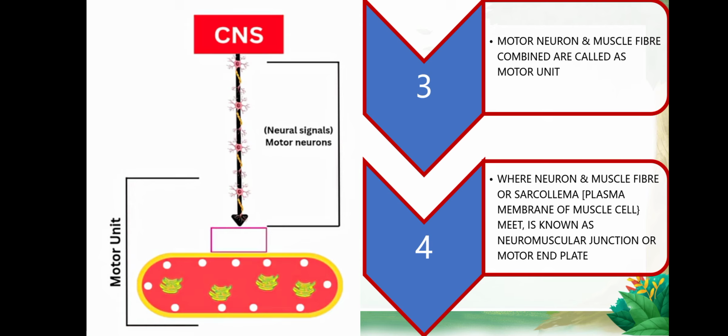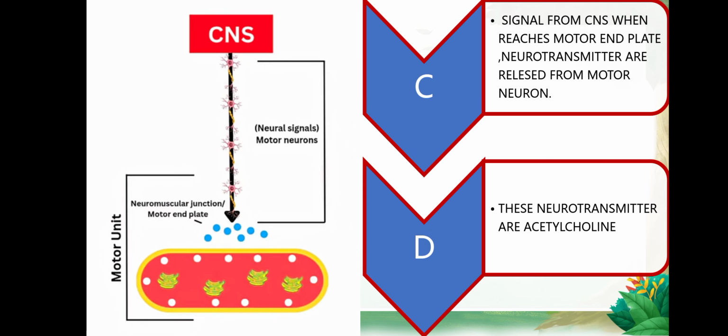The plasma membrane of the muscle cell is known as the sarcolemma. Where these two cells meet is known as the neuromuscular junction or motor end plate. As the signal passes from the central nervous system to the end plate, neurotransmitter is released. This neurotransmitter is nothing but acetylcholine.